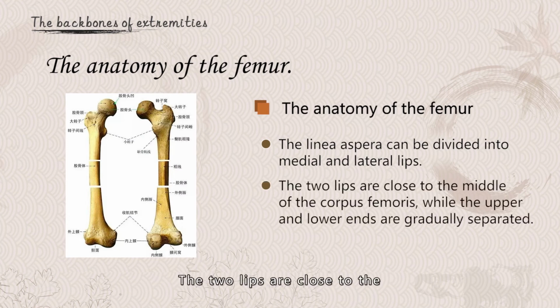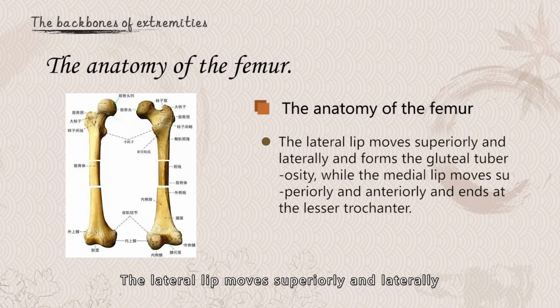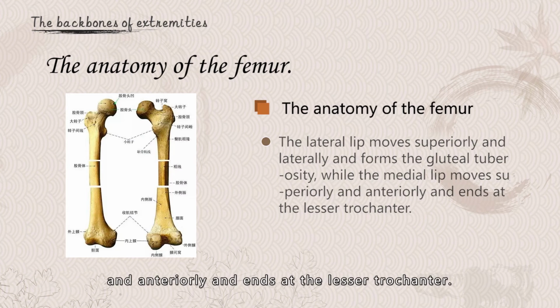The two lips are close to the middle of the corpus femoris, while the upper and lower ends are gradually separated. The lateral lip moves superiorly and laterally and forms the gluteal tuberosity, while the medial lip moves superiorly and anteriorly and ends at the lesser trochanter.